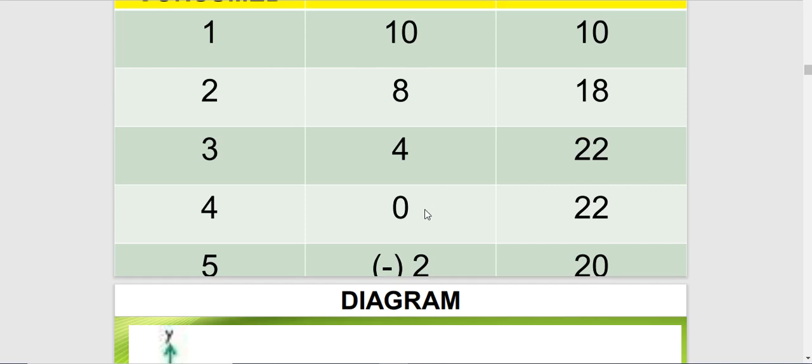That means he should not go beyond consuming 4 apples. And the fifth one, if he has it, will spoil his health, and its utility is -2, such that the total utility will fall to 20 from the figure of 22.